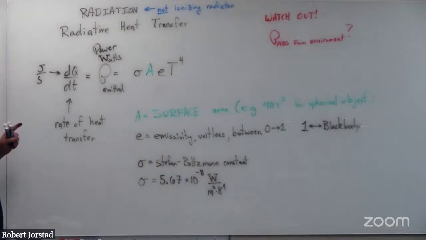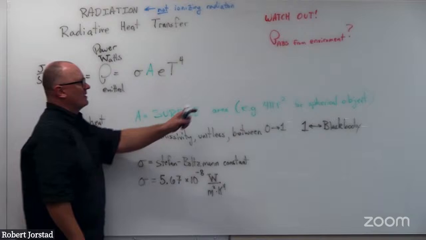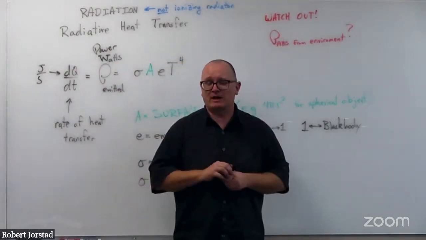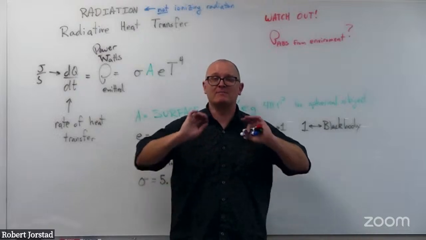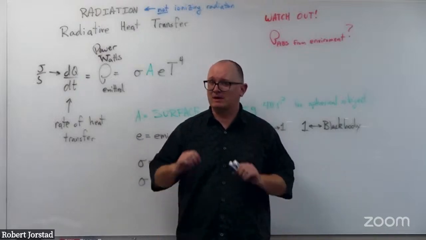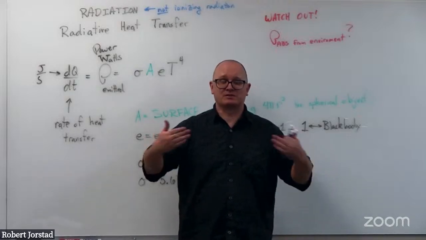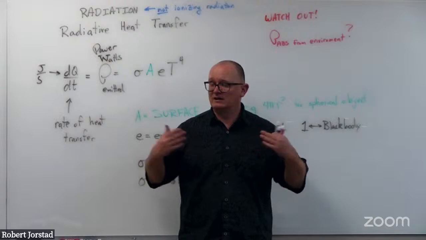I do want you to watch out for one thing. If you looked at me with an infrared camera, you would see me emitting light, emitting radiation. Now, I'm also absorbing energy from radiation.